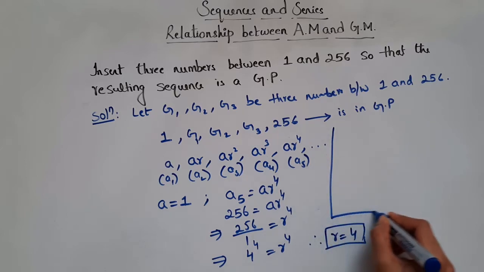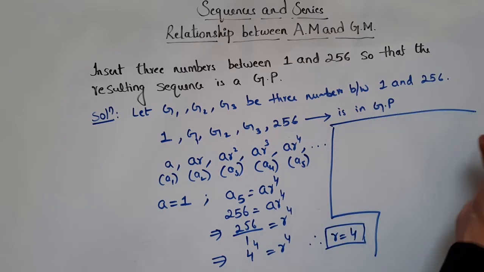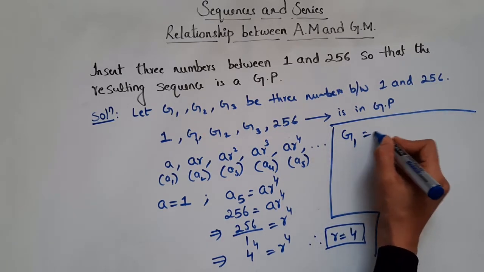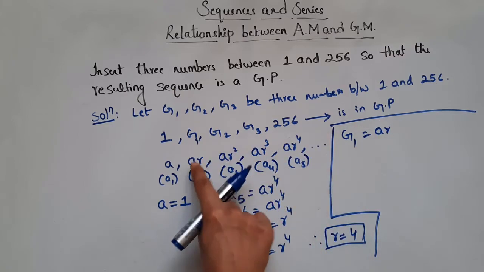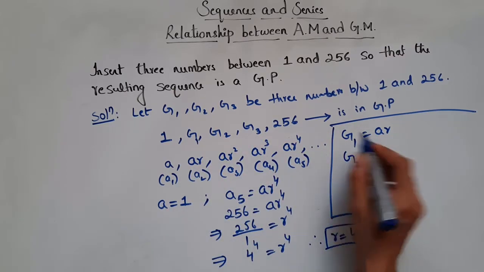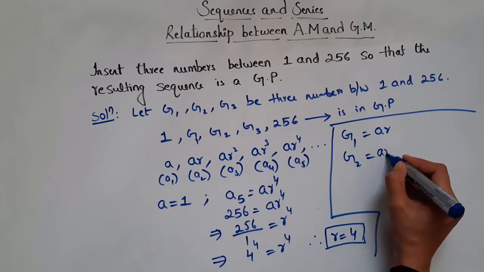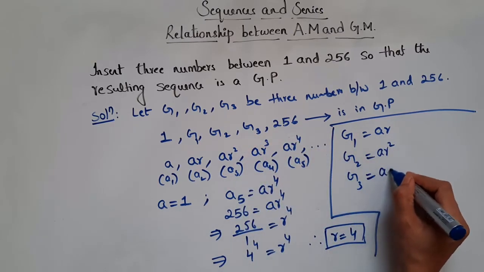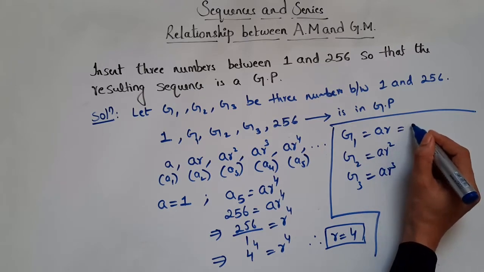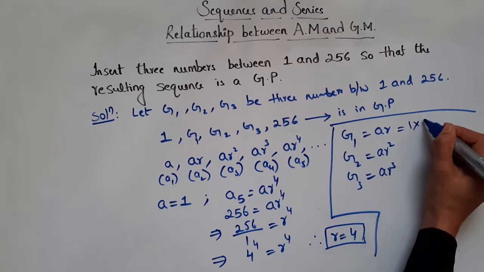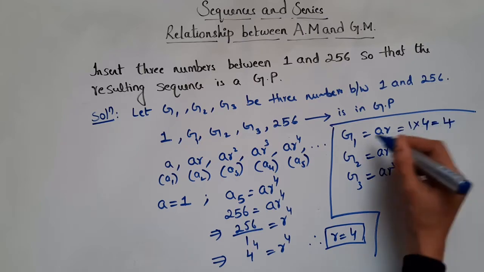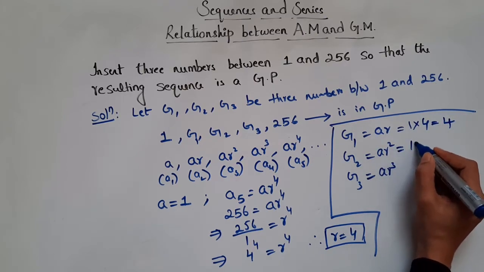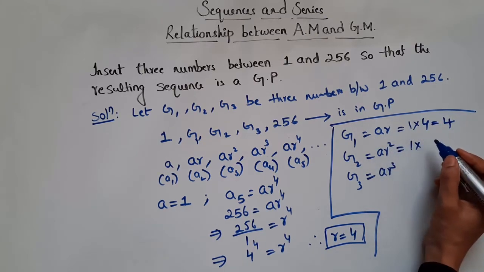So let me do it here. We know G1 is equal to ar, G2 is equal to ar square, and G3 is equal to ar cube. So let's substitute a as 1 and r as 4. So G1 is 4, G2 is 1 into 4 square, and 4 square is 16.